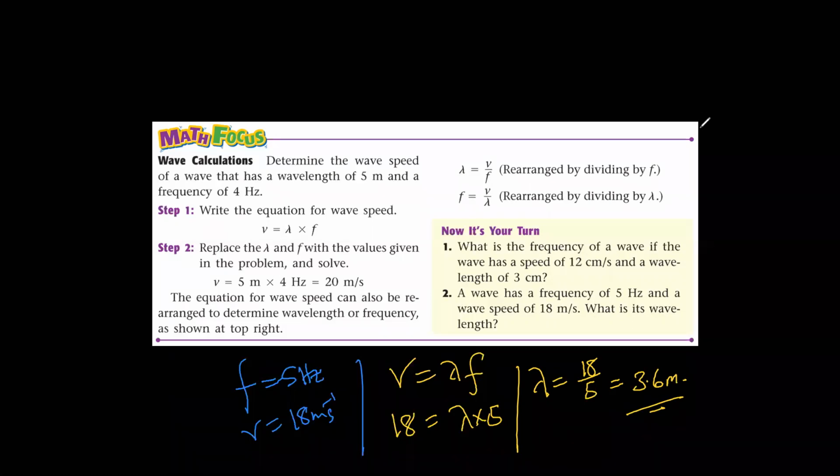I'm looking for another question here. Okay, before we continue, let's also look at the intensity of a wave.